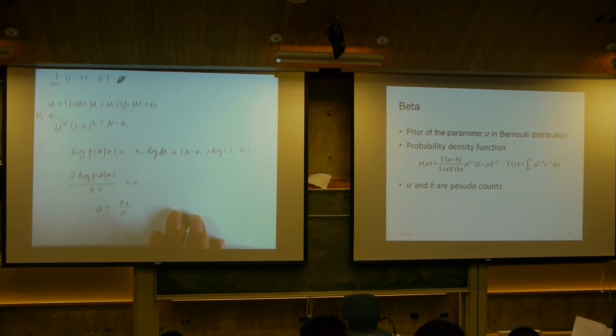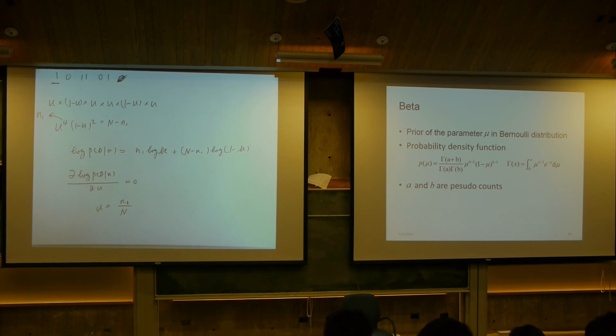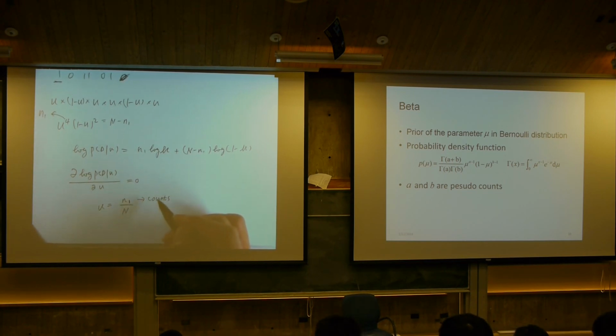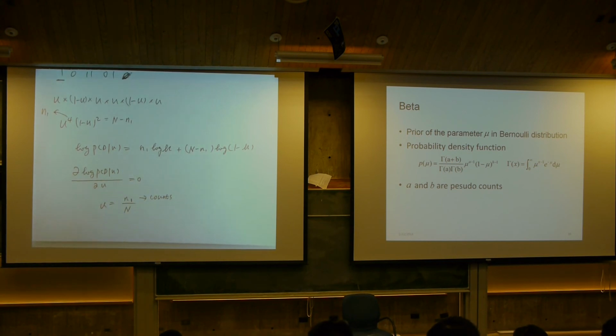Because n1 and n are both counts of how many times outcome 1 happens, sometimes they are called counts. Now, given this, we are going to illustrate why a and b are called pseudo-counts.